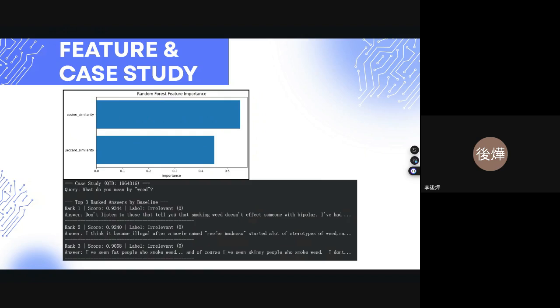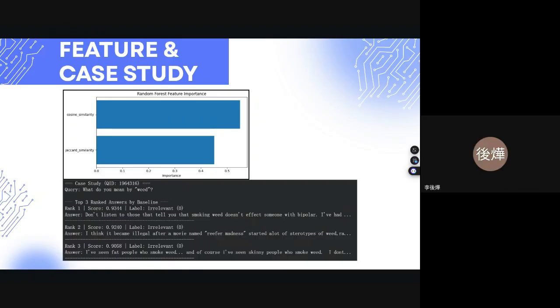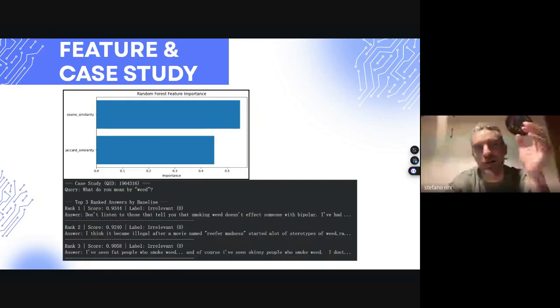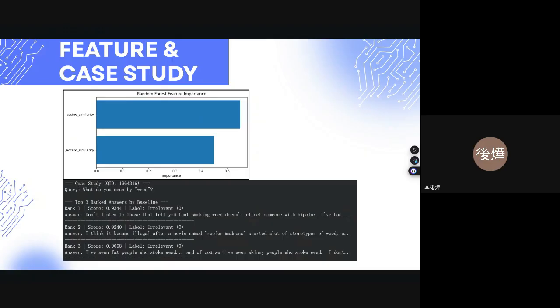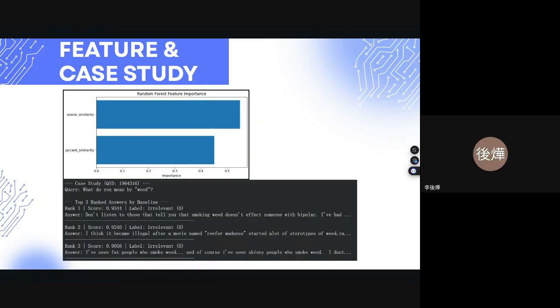It was a propaganda movie made in the 1930s, where somebody smoked marijuana and ended up committing a murder. The movie is relevant because it created a lot of stereotypes about smoking weed, but it's not the answer. Exactly. I just wanted to mention the movie. Go ahead.